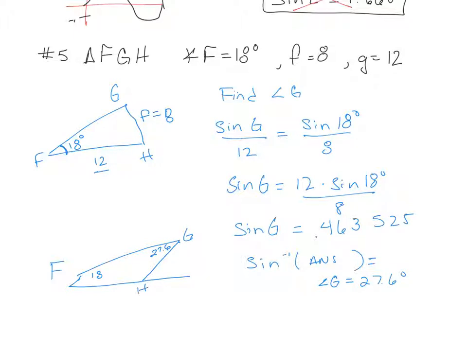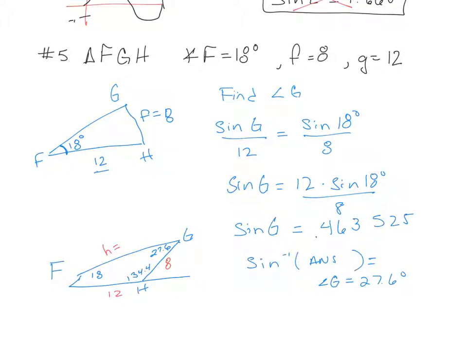I do that by going through, and that tells me that this angle H here is 134.4 degrees. So I have all of my angles of the triangle. I know that this side is 12, this side over here is 8, and the last side I need to find is h.